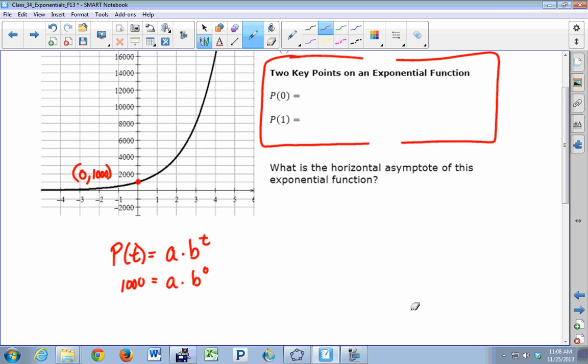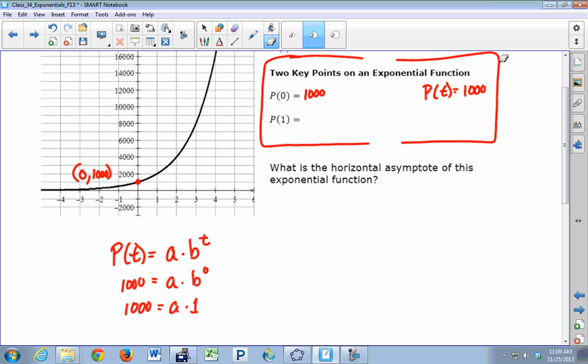So notice the minute you solve for this point, you get your value of a, because this b to the 0 is just 1. So that always will tell you the coefficient or your vertical stretch or shrink. It will always tell you the number that's out front. So this 1,000 goes directly in front right here.